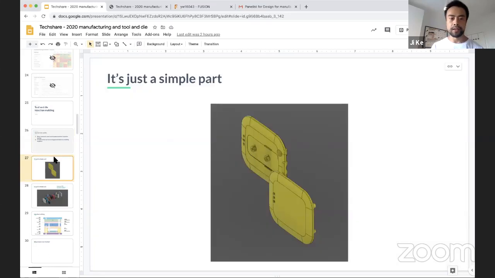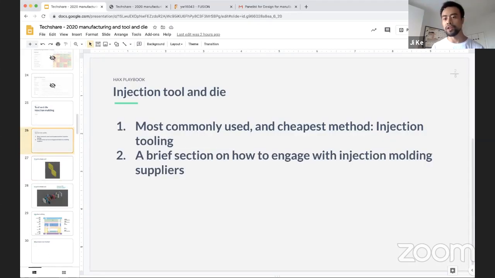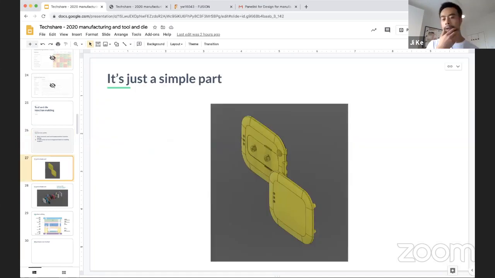This is going to be a very brief introduction on how to engage with injection molding suppliers. I don't know how many in the audience are concerned with using injection molding parts or have experience with them. But if you take a look at a simple part like this, it's a cover, roughly this size, 100 millimeters probably across.